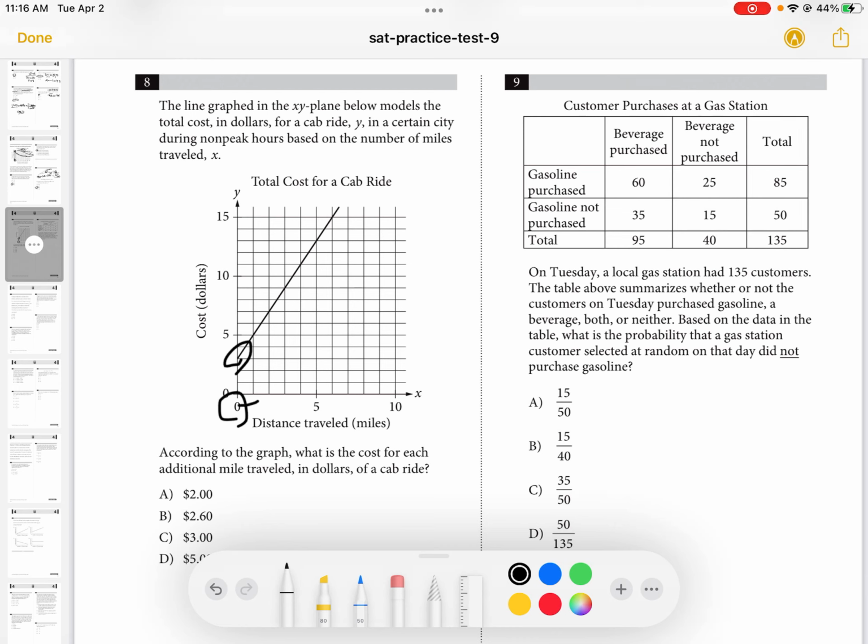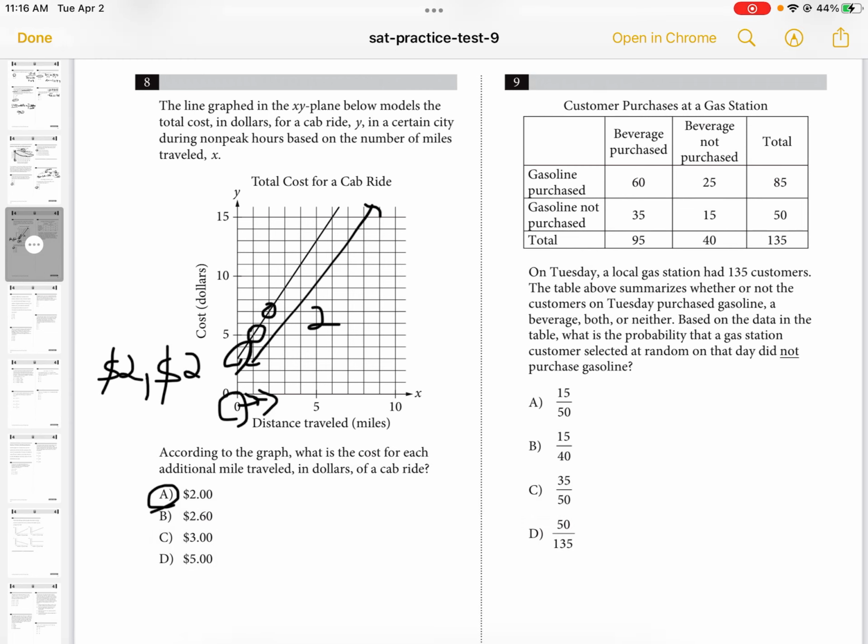We travel 1 mile, the cost bumps to $5, so that's a $2 increase. We travel another mile, and the cost goes up to $7. That's another $2 increase. So the slope of this line is 2. So for every additional mile that we travel, we get charged $2 extra.